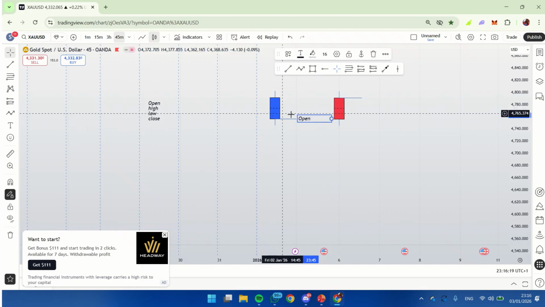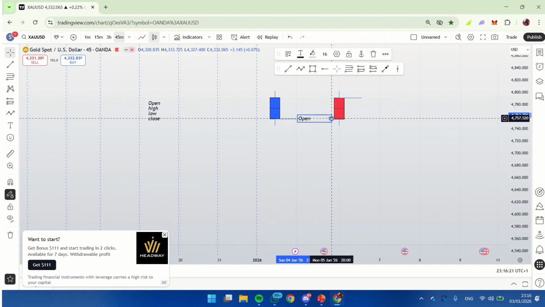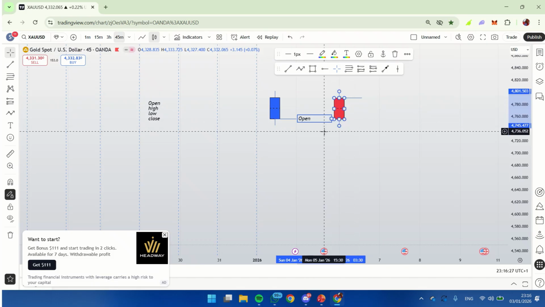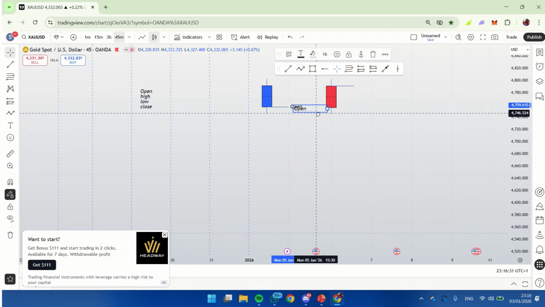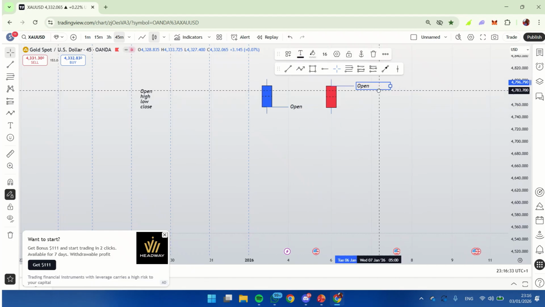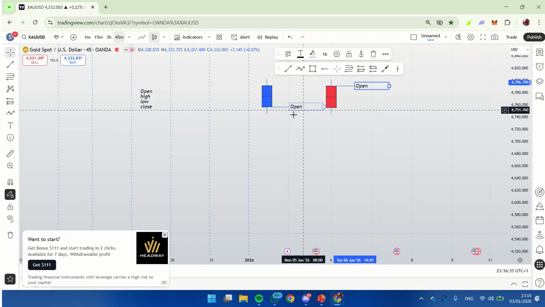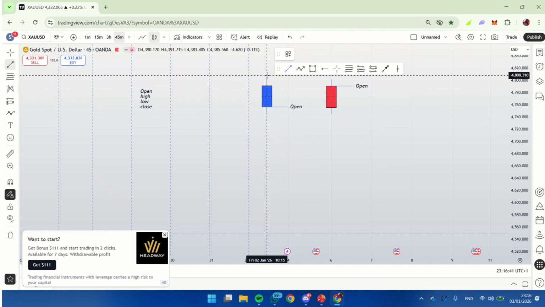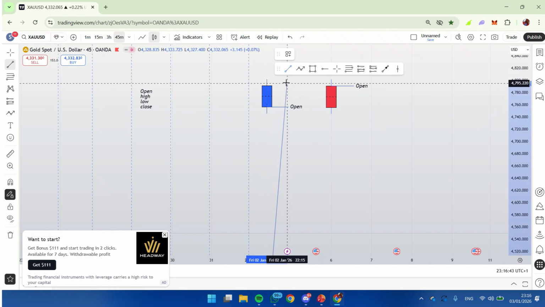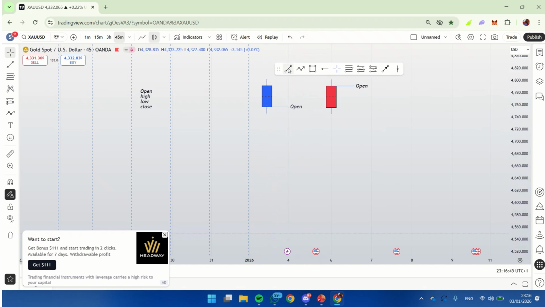This is open for the bullish, and open for the bearish, right? Then this is high.